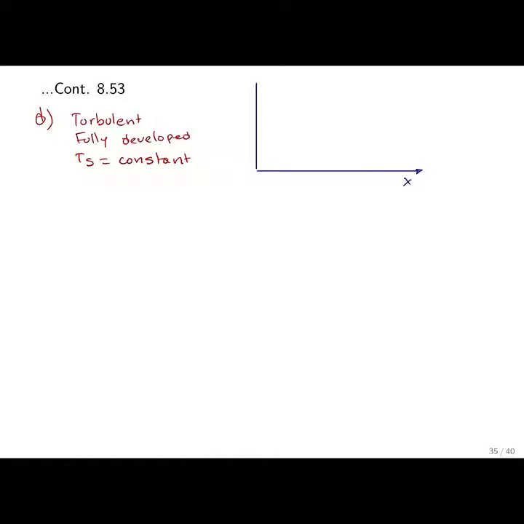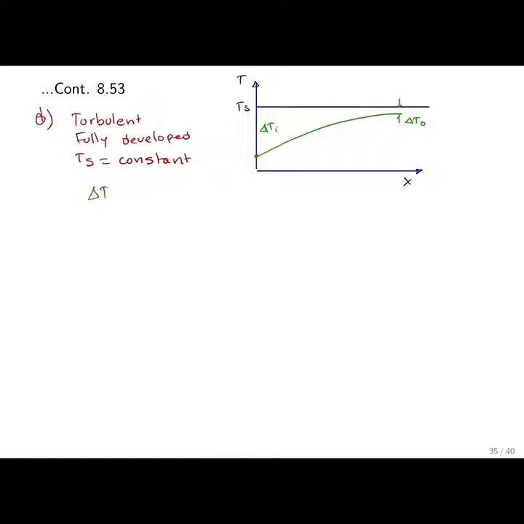So this is x and this is the temperature, so the temperature at the surface is going to be a constant, so this is Ts, and the temperature in the pipe will be starting at some value, heating up, and it is going to be exponential, so that's delta T at the inlet, and that's delta T at the outlet. And the temperature distribution is given by the following equation.